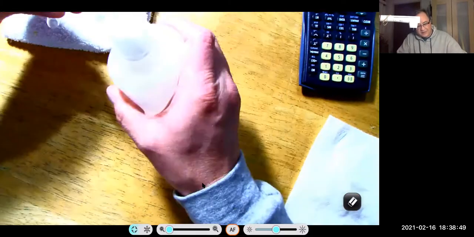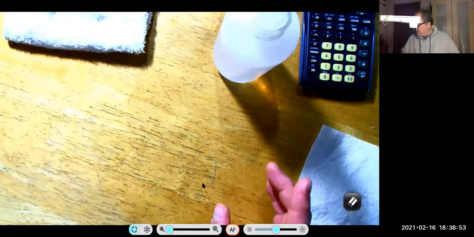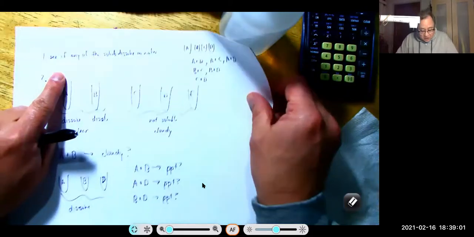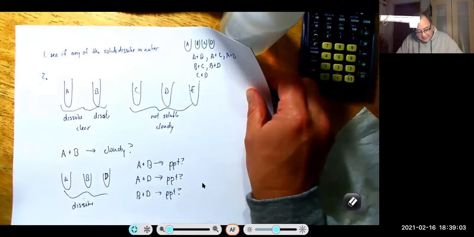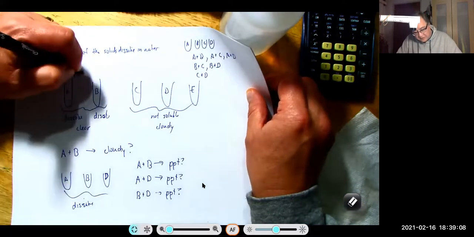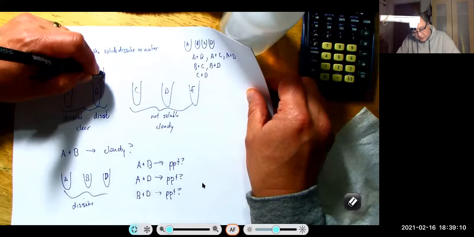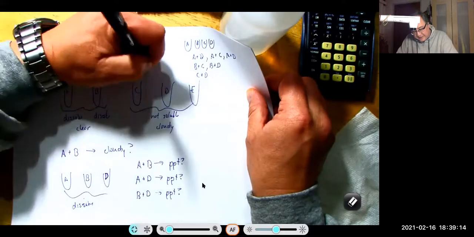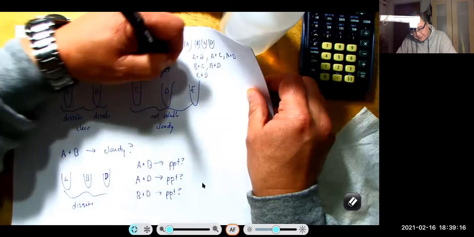Right now, I'm rinsing out my test tube. So let me write down here. Number 1, see if any of the solids dissolve in water. 2, mix pairs of soluble solutions to see if you get a precipitate.